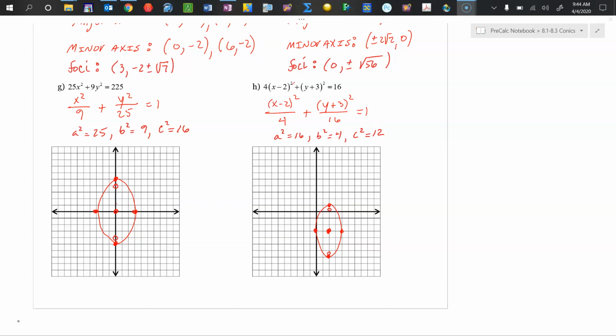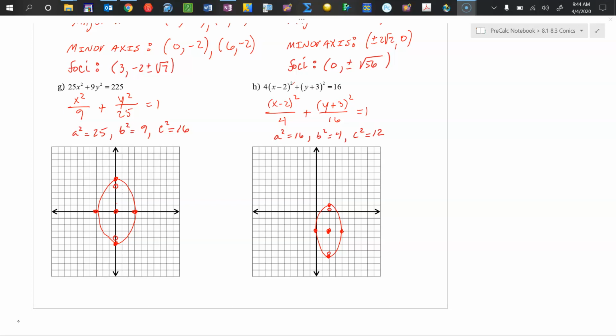In letter H, we have to divide each term by 16, and we end up with x minus 2 quantity squared over 4 plus y plus 3 quantity squared over 16 is equal to 1, which means we have a center at 2, negative 3. Again, another vertical ellipse because the denominator of the y term is larger.